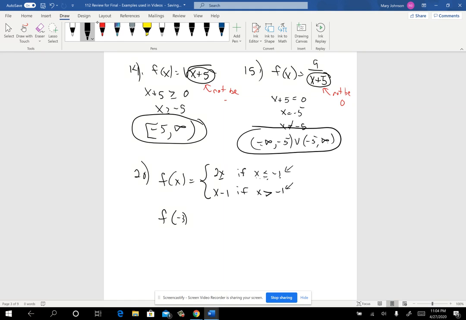And since -3 is less than or equal to -1, that just means we're going to use the top rule. And our only answer to this question is -6. Okay. All right.